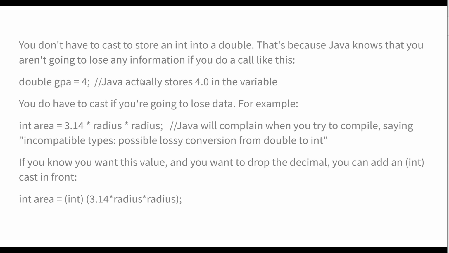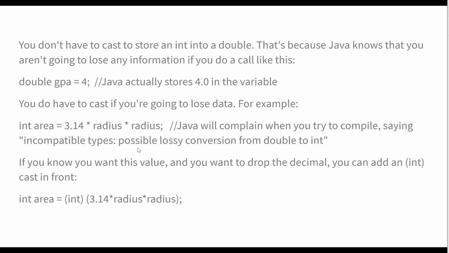So this next example, I say int area equals 3.14, that's a double, times radius times radius. And Java, if you try to compile this code, assuming you have an integer variable called radius, Java will complain when you try to compile. It says incompatible types, possible lossy conversion from double to int.